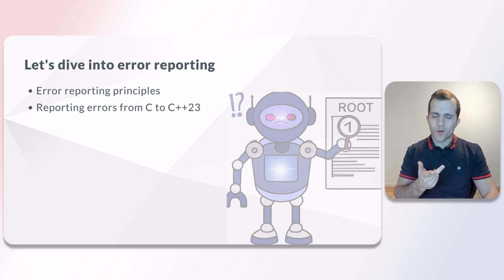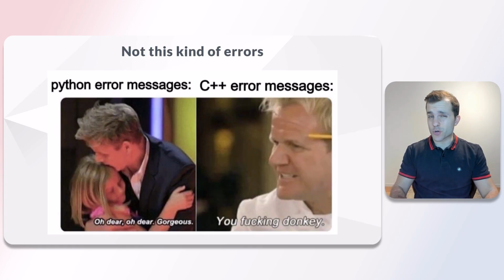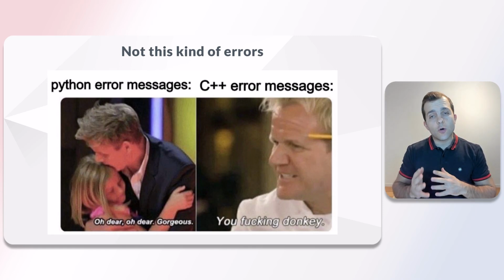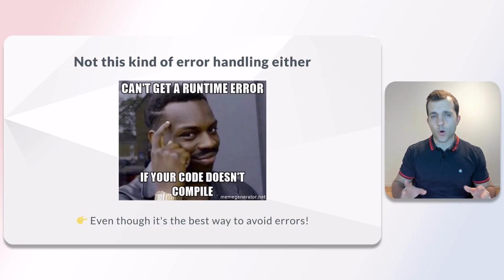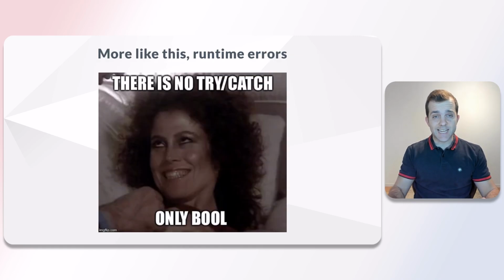So, what is an error? In this course, when we talk about errors, we will not be referring to compilation or syntax errors. While in an ideal world we would be able to catch all programmer errors during compilation, we will not be talking about them either. Instead, we will be talking about errors that occur during the execution of a program.